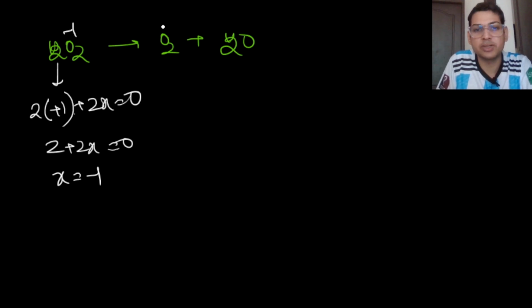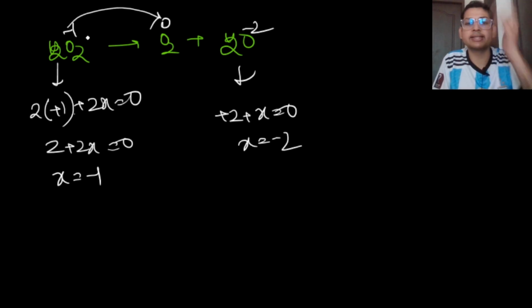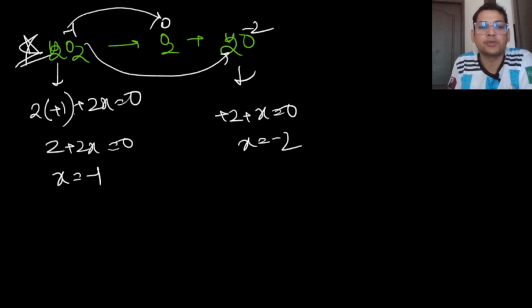Oxygen is in -1 state. Here obviously it is 0 state, and here it is +2 plus X equal to 0, X equal to -2 state. So you see -1 to 0, increasing, -1 to -2, decreasing. Definitely this was also a disproportionation reaction.